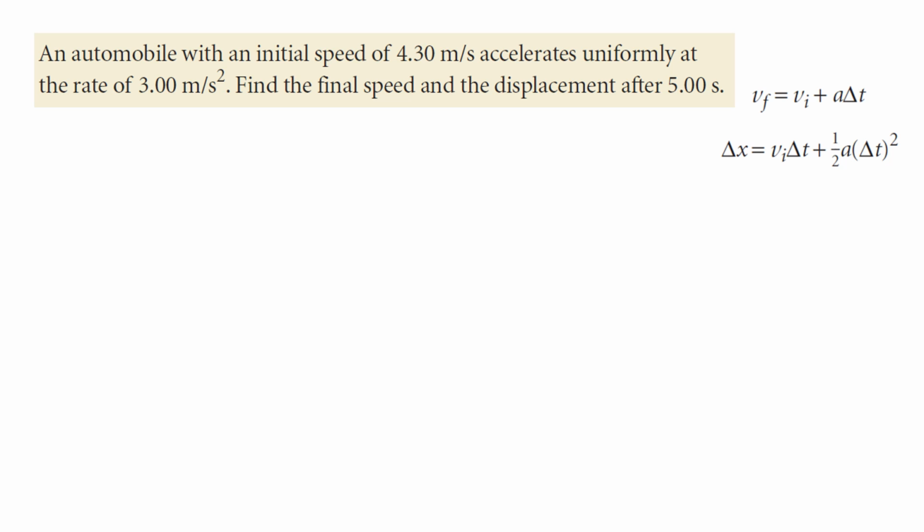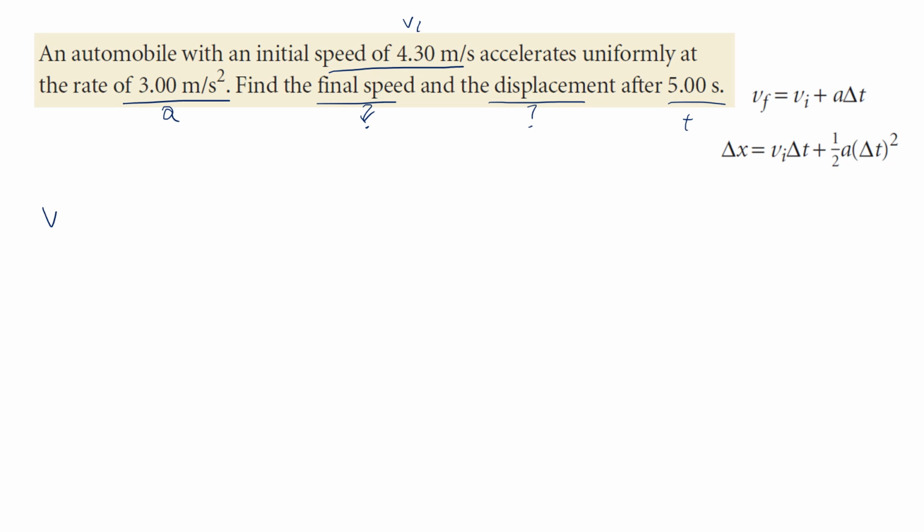So here, an automobile with an initial speed of 4.3 meters a second, this is going to be our v initial, accelerates uniformly at a rate of 3.0, this is our a, and find the final speed and the displacement. All right, so this is our two question marks, and our time is 5 seconds.